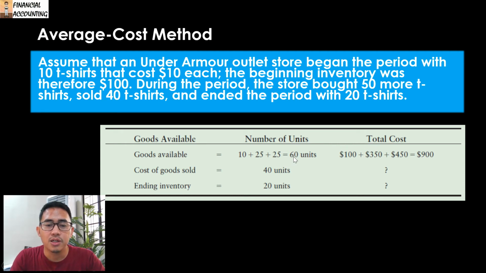And you also have your total number of available units. We also know that the goods sold are 40 units, and it's given. And your ending inventory is 20 units. Remember that the number of units in your cost of goods sold plus the number of units in your ending inventory should be equal to the number of units available for sale. In this case, there are 60 units available. So you sold 40, meaning there is a remaining 20.